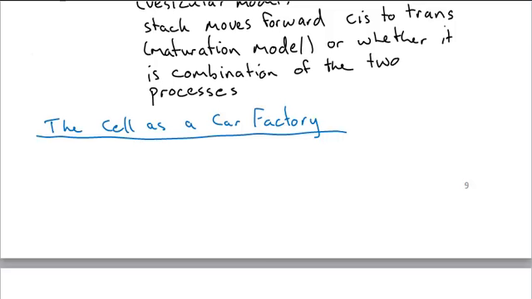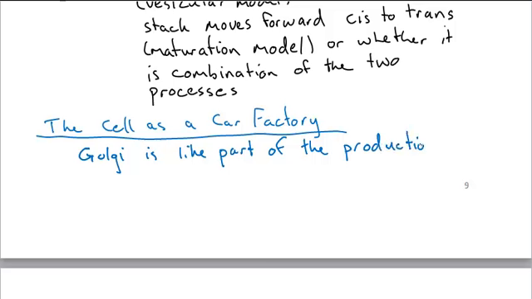So if the Golgi is part of that car factory, then the Golgi is like part of the production line where final options are added to the car.